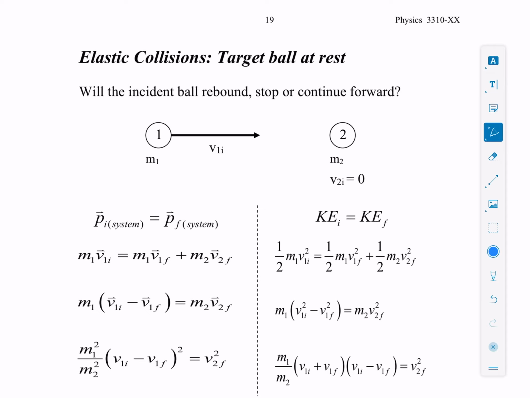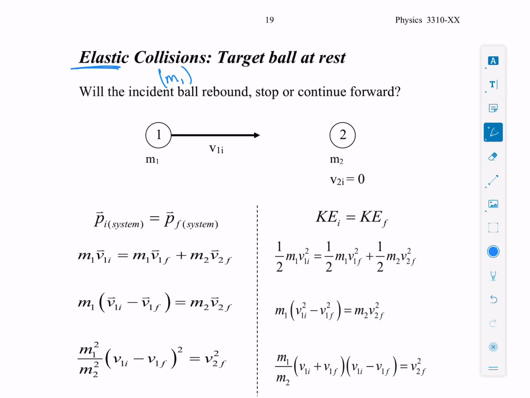So this is an example problem where we have M1 traveling V1 initial, and it's going to collide with M2, and it's going to be at rest initially. We want to know, will the incident ball, which is M1, rebound, stop, or continue forward under the assumption that this is an elastic collision?